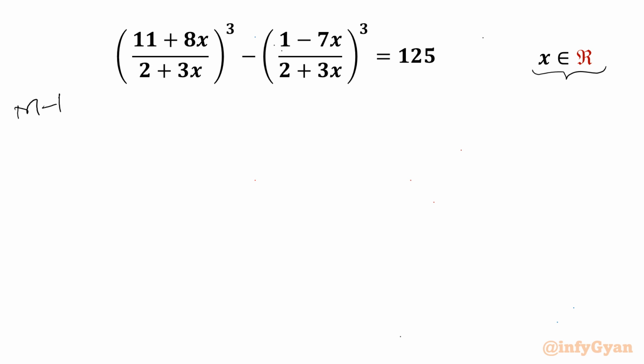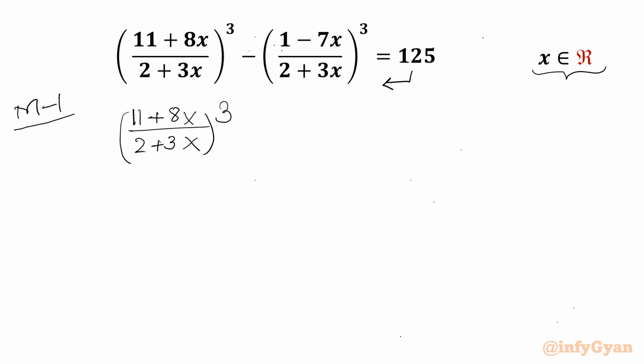So let me write here method number 1. I will begin with taking 125 to LHS. So I will be writing our equation as (11 + 8x)/(2 + 3x) whole cube.